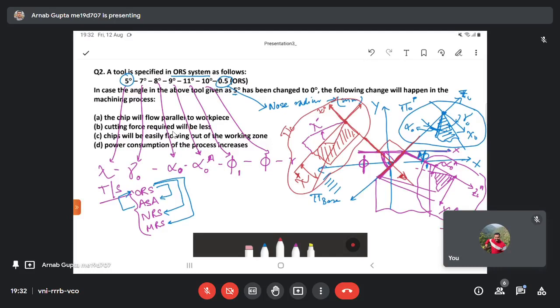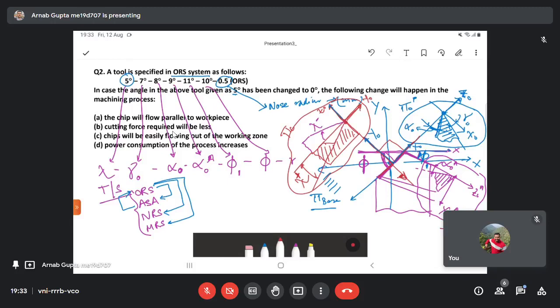If you try to visualize on this base plane, then this axis is Y0, and similarly this axis is X0. But if you take the cross section of the tool and visualize in this orthogonal plane or the cutting plane, then this particular axis will turn into Z0, and similarly this will also turn into Z0, and this will be Y0.